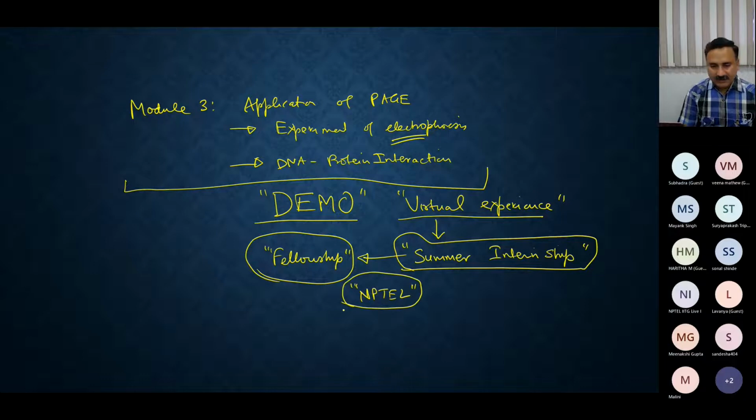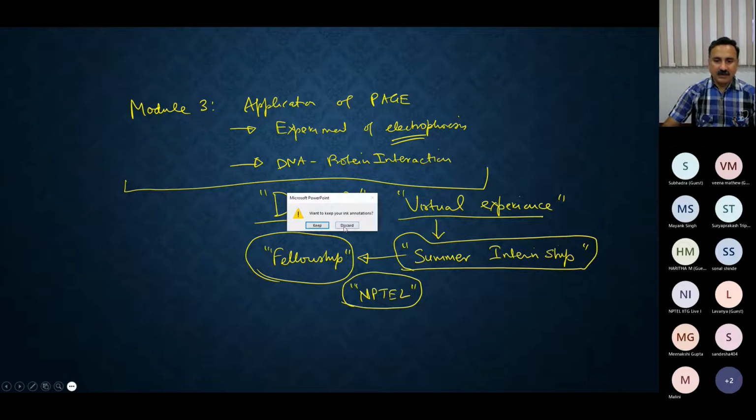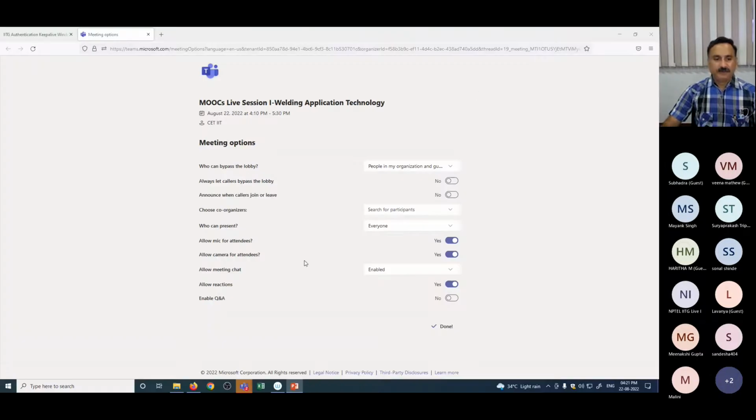So with this brief summary of whatever we have discussed, I suggest that we should start asking questions, and we should further discuss different aspects, and whatever doubts you have, we can discuss.